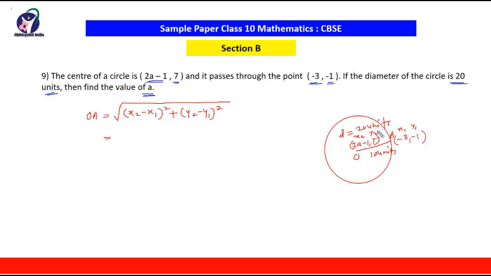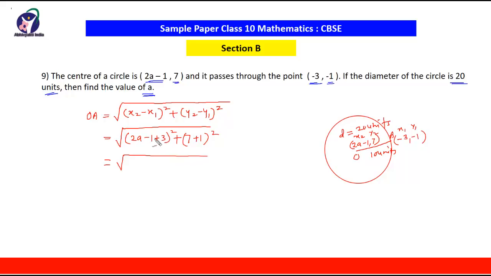So x2 minus x1, it will be square root of, this is 2a minus 1 minus minus 3, so this will be plus 3, so (2a minus 1 plus 3) bracket square plus y2 minus y1, that is 7 minus minus 1, that will be plus 1, so that will be (7 plus 1) bracket square.